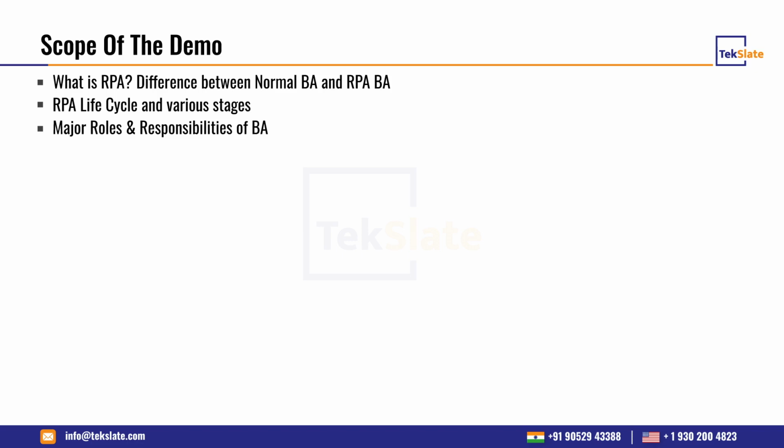A normal BA goes to the business stakeholders, who have their own idea of developing a project. He takes the requirements from them, gathers the information, prepares a BRD, business requirement document, gathers all the technology details, and tries to implement it.